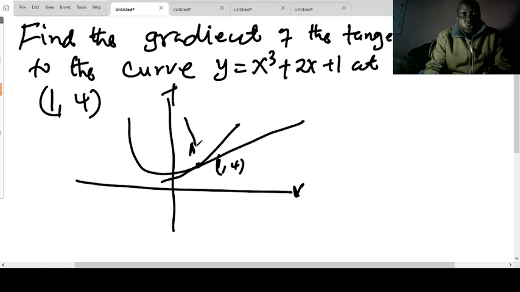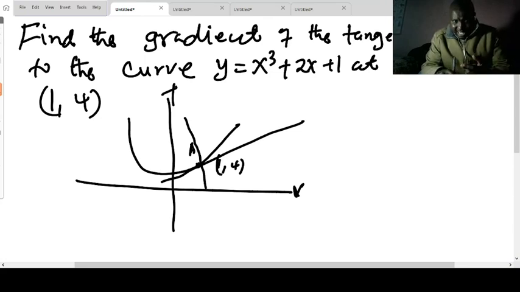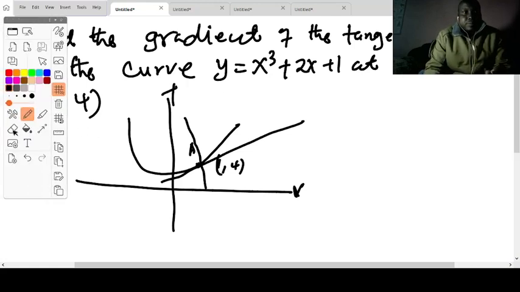So the normal itachorwa na ipitie pale. So the normal and the tangent pass through the same point. So they share that point. Understand that place. The normal and the tangent, at that point they have the same point, that's (1, 4), because they meet there. That's where they intersect. Nice.